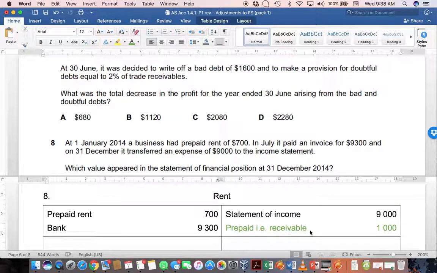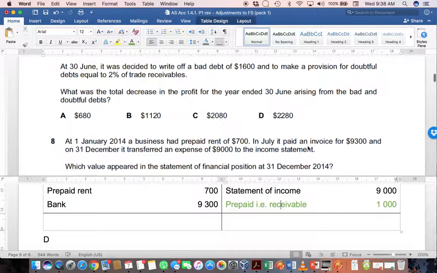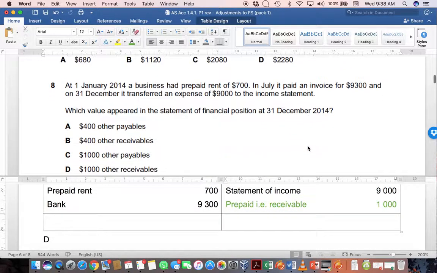And you could also go so far as to think about the other T account, if we had to show it, would be the prepaid account. And that would need to have a debit balance because this is a credit. And if it has a debit balance, it must be an asset. So therefore, I want to look for an amount of 1,000. So either C or D would be my option. And I need it to be a receivable. And therefore D will be my answer.